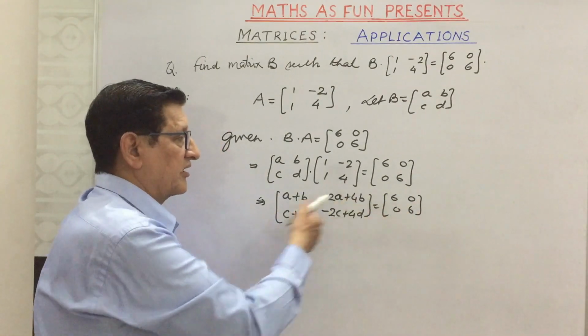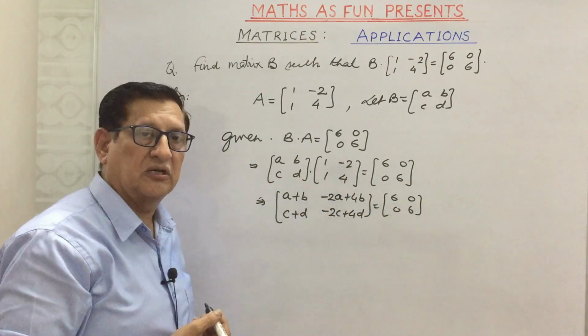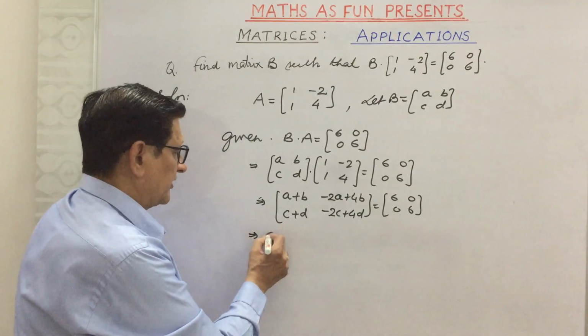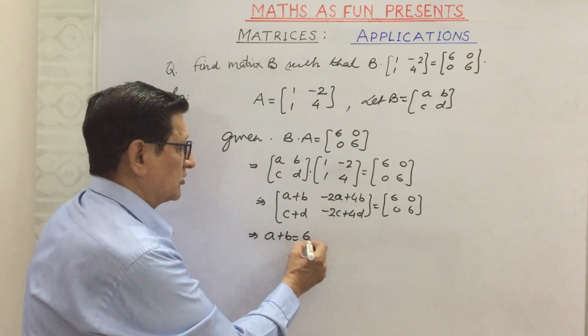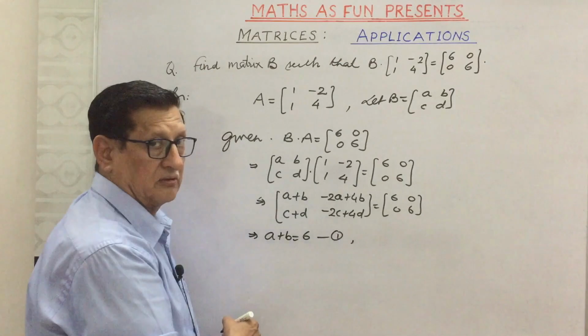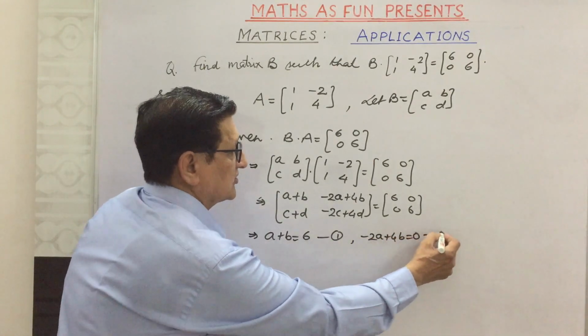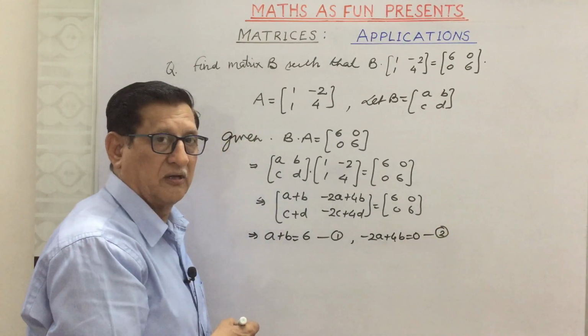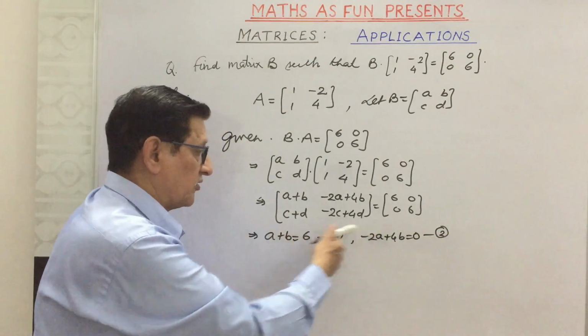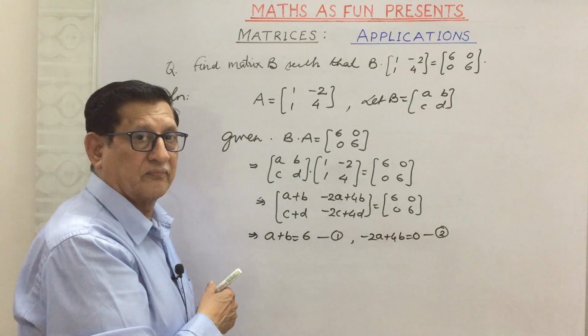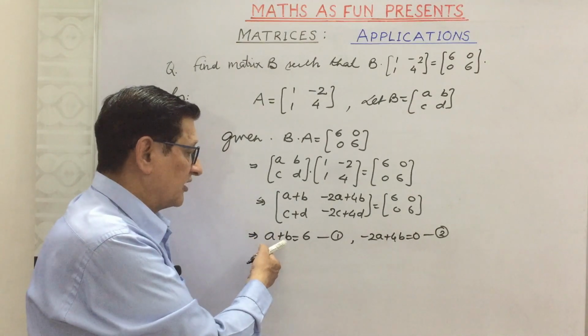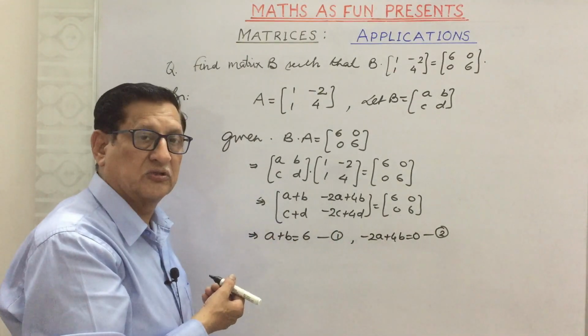We know if the matrices are equal, then their corresponding elements are equal. It means we are getting here a plus b equal to 6. This is the first equation. Then minus 2a plus 4b equal to 0. This is the second equation. And if we solve these, either we substitute the value of b from here by using the substitution method.